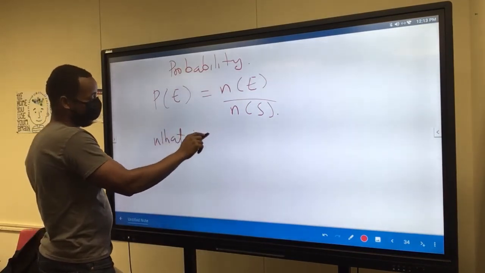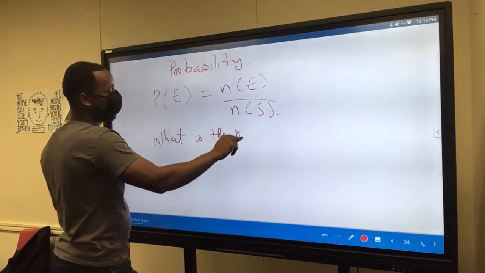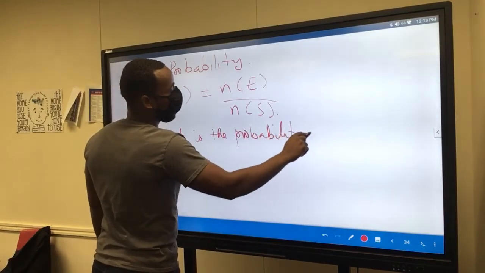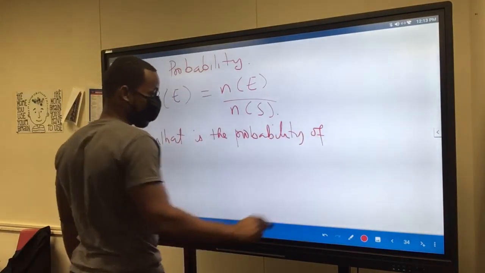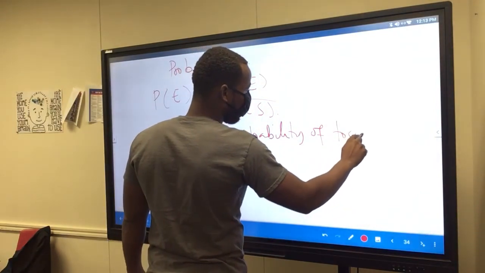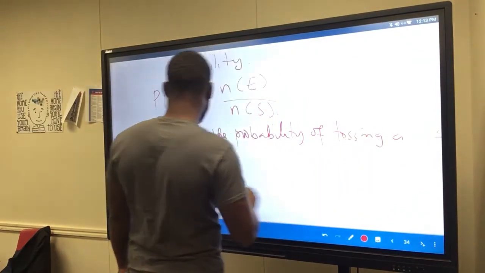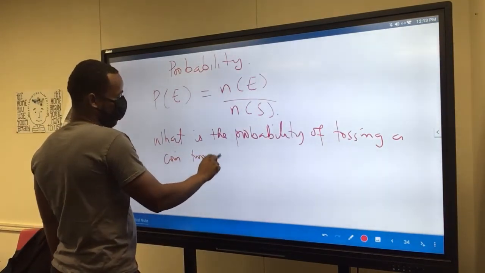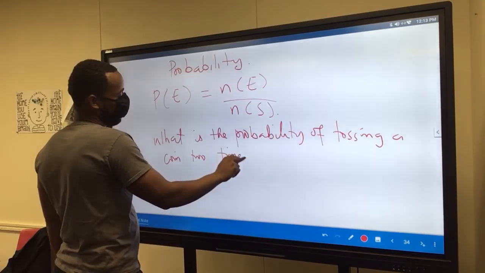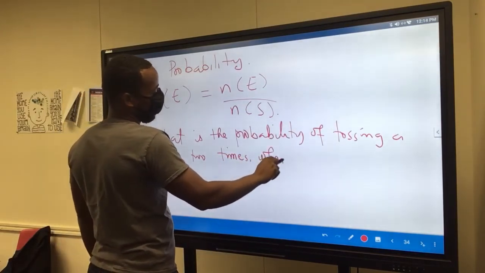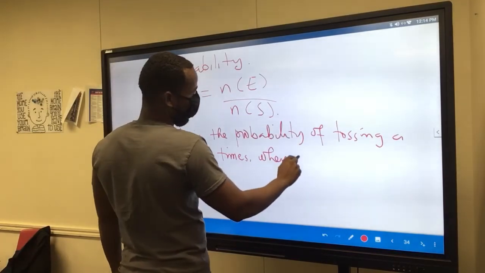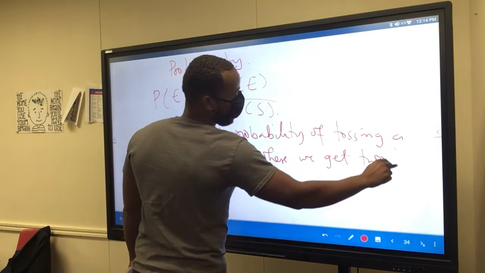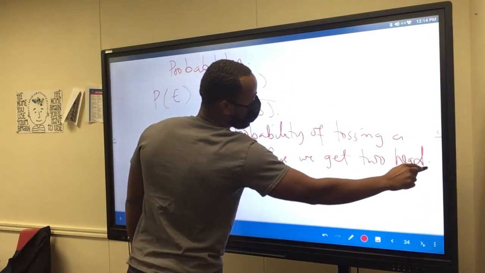What's the probability of tossing a coin 2 times where we get 2 heads? So we want to find the probability when you toss a coin 2 times.